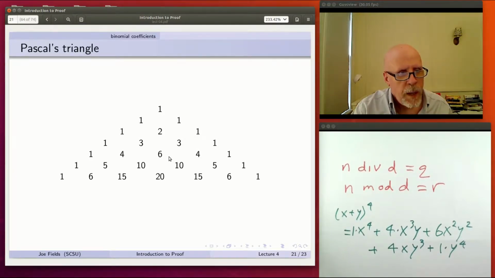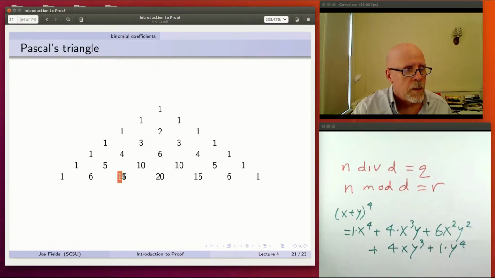If you have seen Pascal's triangle before, you'll know the trick is that you just put this boundary of ones on it, and then inside the triangle, a number is just the sum of the two things above it on either side. Like this, there's a 6 right there. It's the sum of that 3 and that 3.